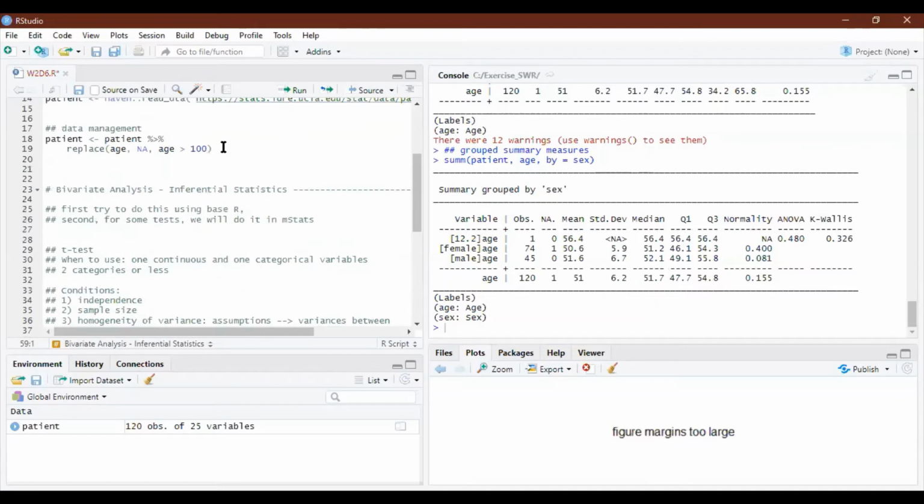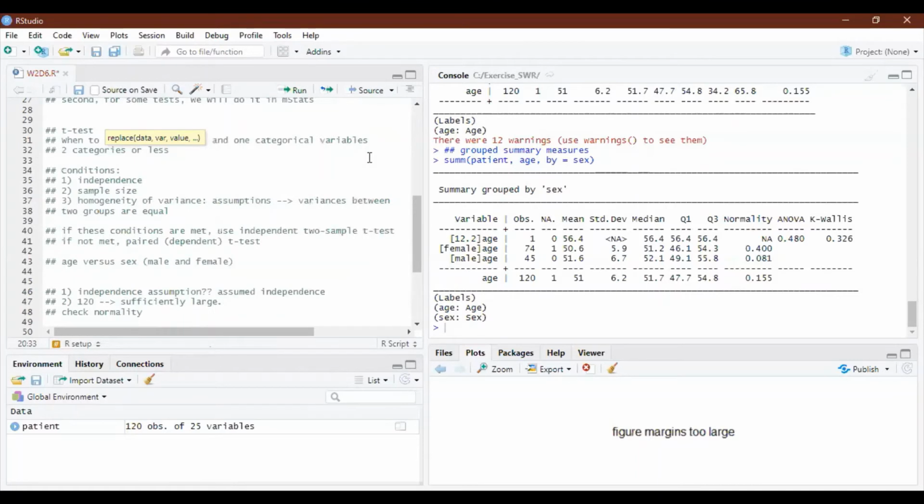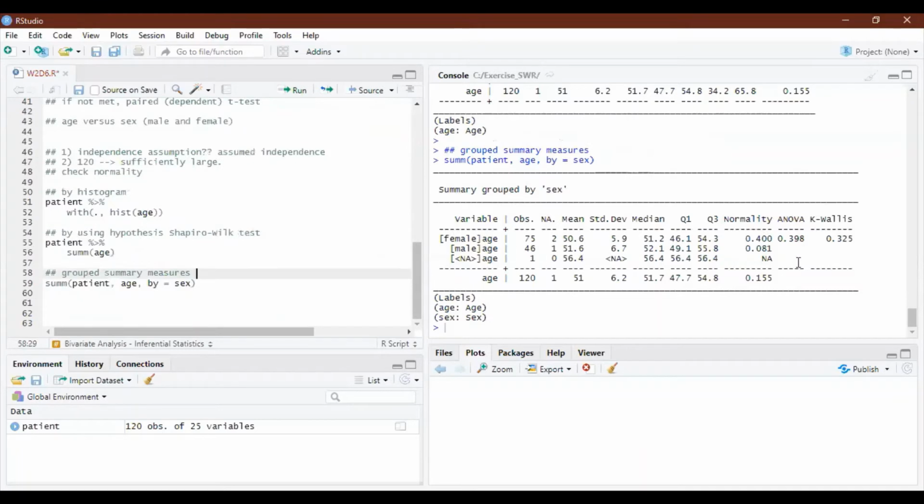So we will change sex with NA if sex is equal to 12.2. And then we will run everything. Now we still have this NA, so we'll just remove it, but anyway, it's okay.